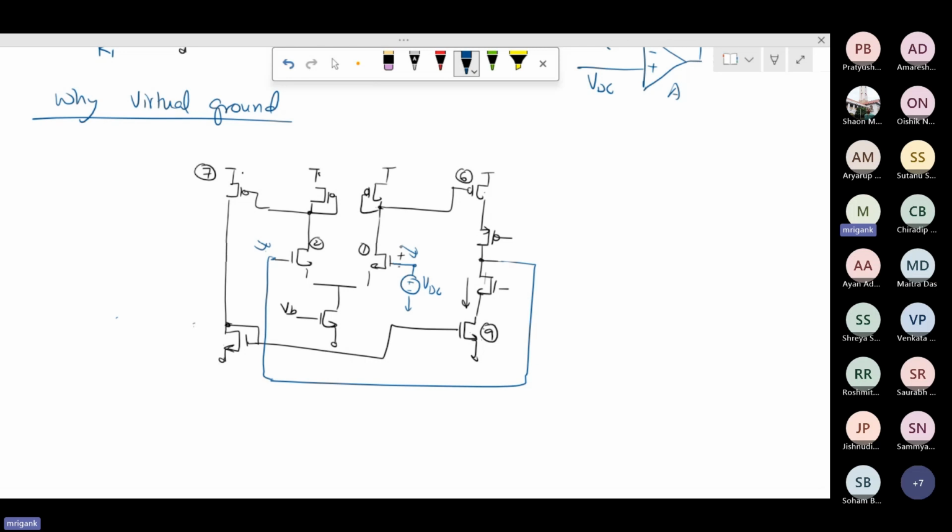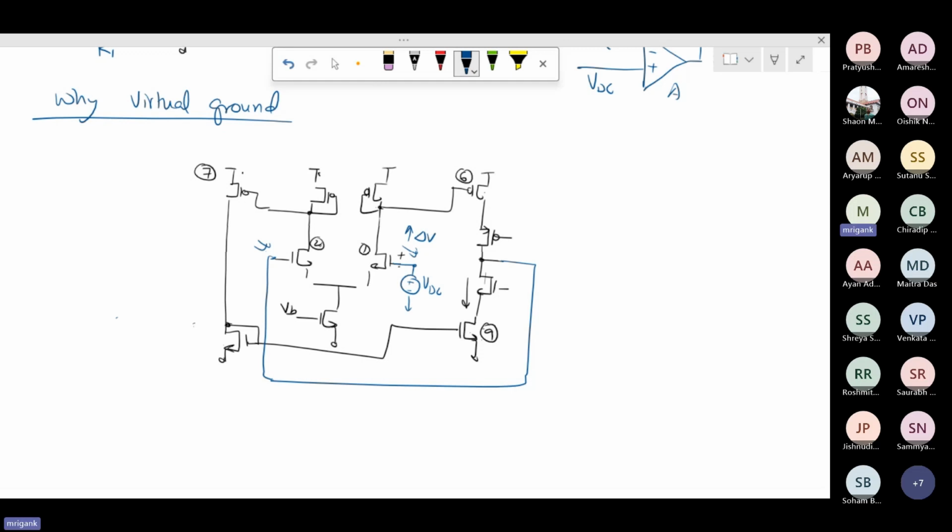Why should this happen? Now, if we assume that you increase this by delta V, what should happen to the output? The output will be amplified A times delta V. So again, the output will increase. Till what point will it increase? Till there is a net small signal current, right?